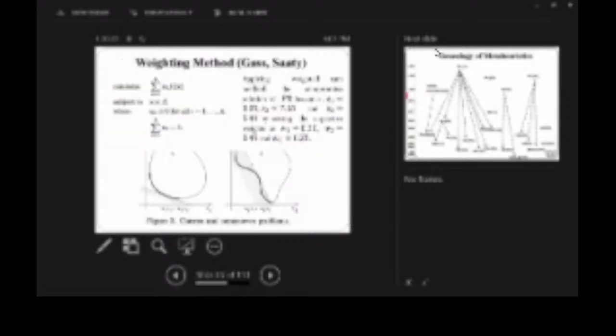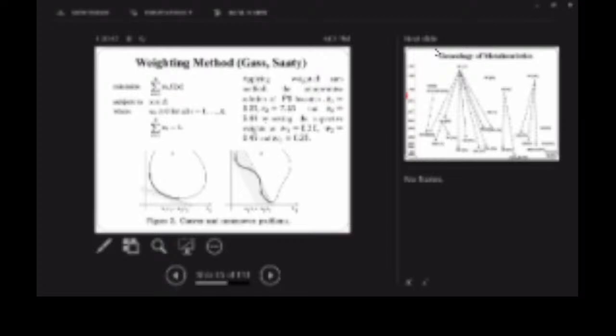Similarly, the posterior approach. This is the weighted method. Conceptually, in the weighted method you determine some weights as per the choice of the decision maker. Say suppose you have three objectives. The decision maker's first choice is the first objective, so you give more weight to the first objective, then the next objective and so on.